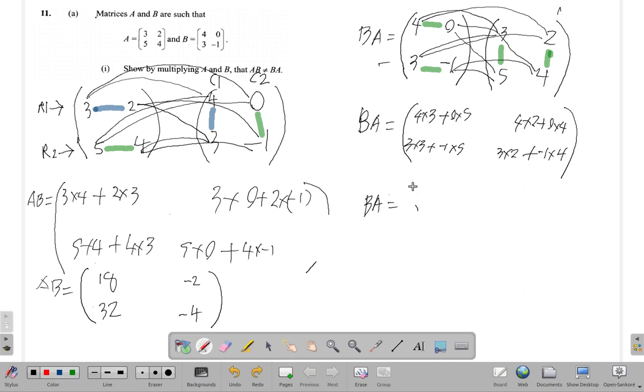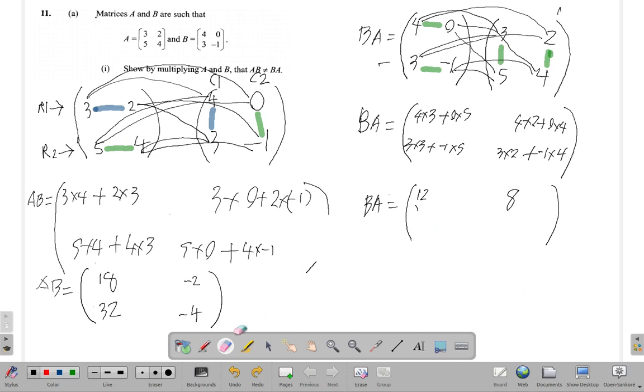Alright. Let's simplify them out now. 4 by 3 is 12 plus 0 by 5 is 0. This is 12 here. What's going to come here? 4 by 2 is 8 plus 0 by 4 is 0. Now this is 3 by 3 is 9 minus 5, negative 1 by 5, which is 9 minus 5. 9 minus 5 is 4.